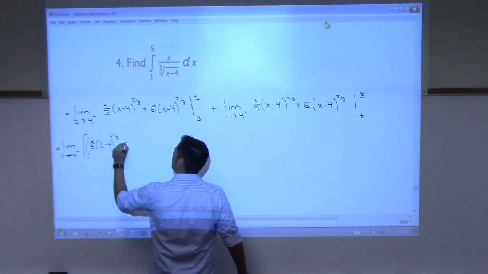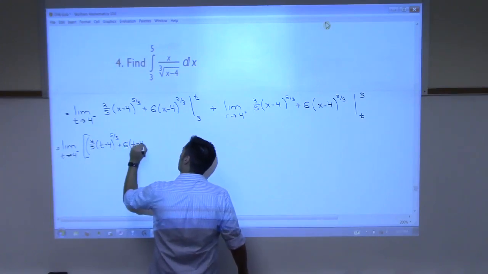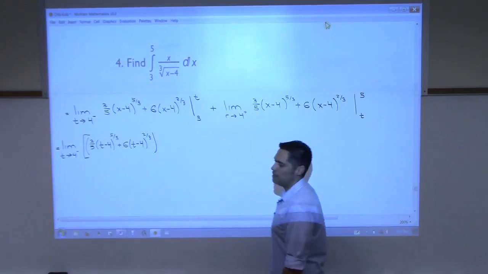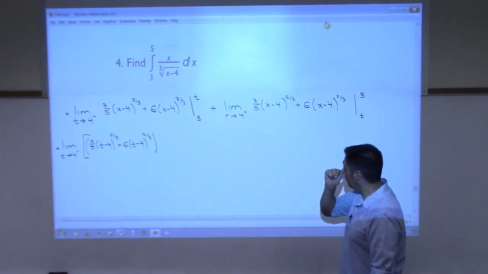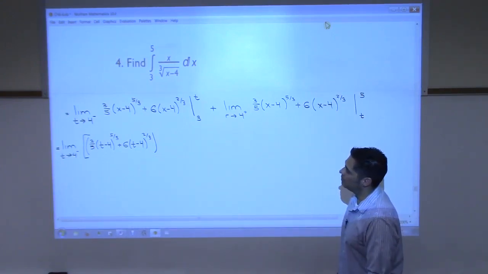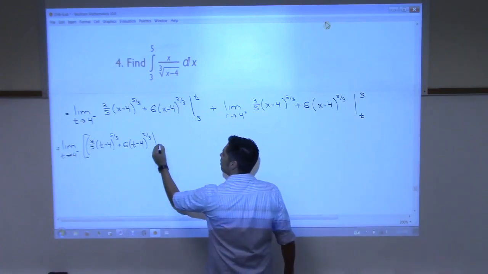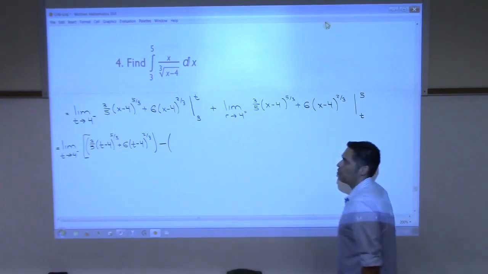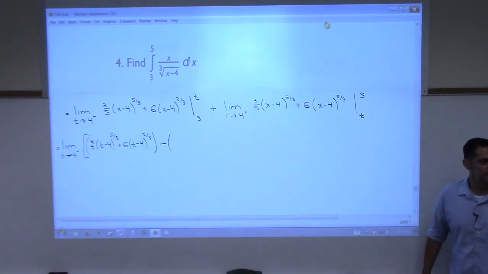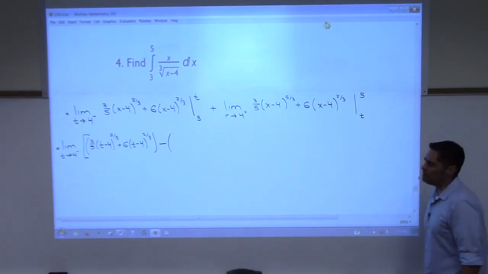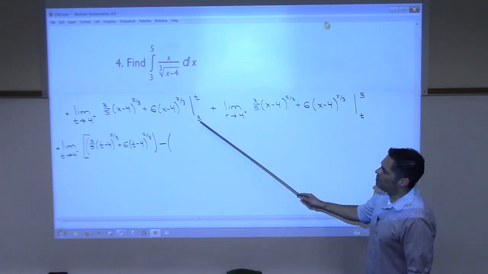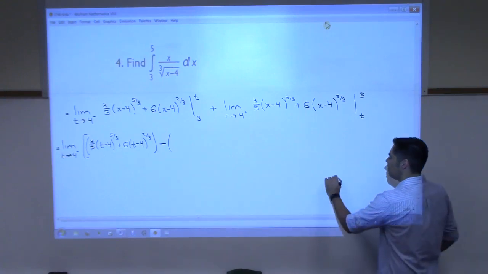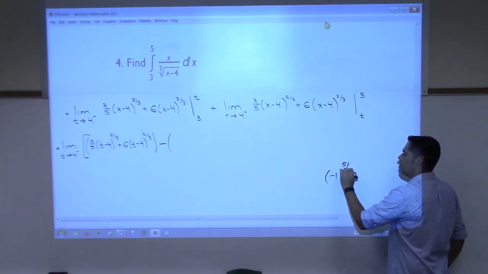Then plus 6 times t minus 4 to the 2/3. That's what I get when I plug in t. Then I plug in 3, right? So minus parenthesis. Let's talk about this 3 that goes in. Some interesting stuff's going to happen here. 3 is going in here. So 3 minus 4 is -1. What is -1 to the 5/3?